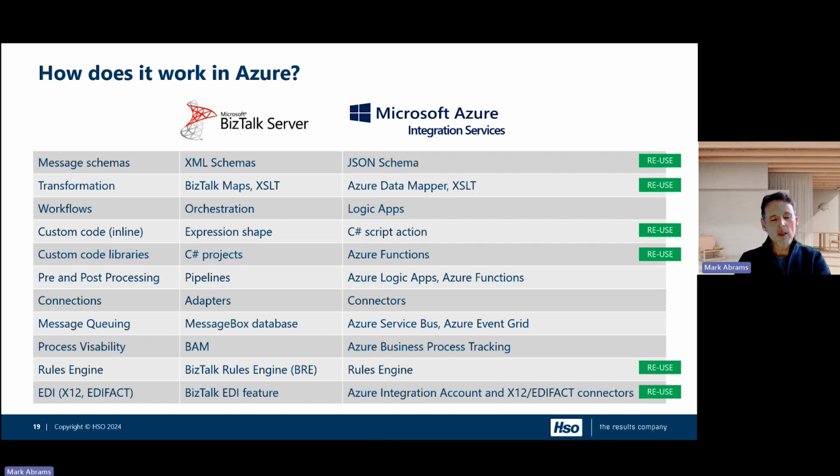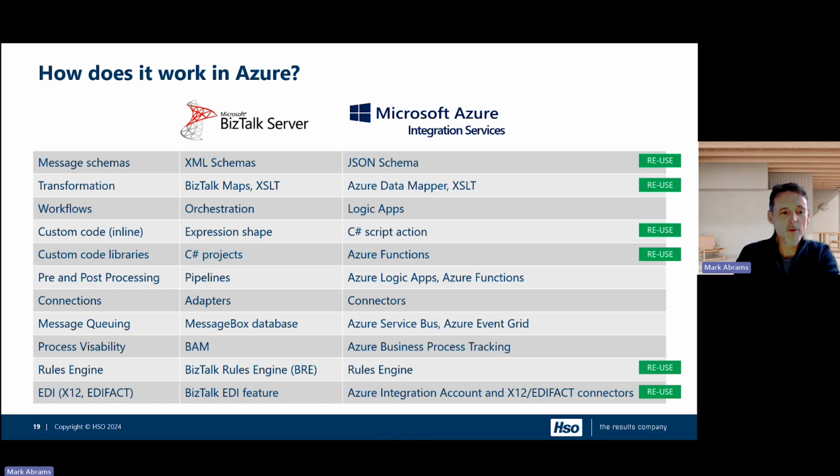And if we'd been having this conversation about a year ago, there were a few areas where there wasn't a natural equivalent within Azure. But we're in a state now where for all of those components within BizTalk, there is a corresponding component in Azure Integration Services that we will use as part of that migration.